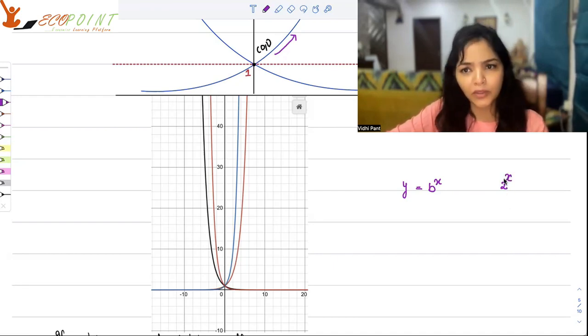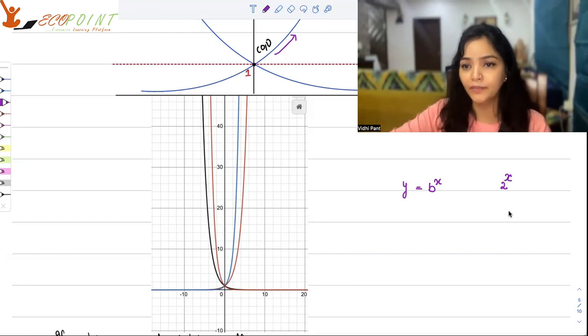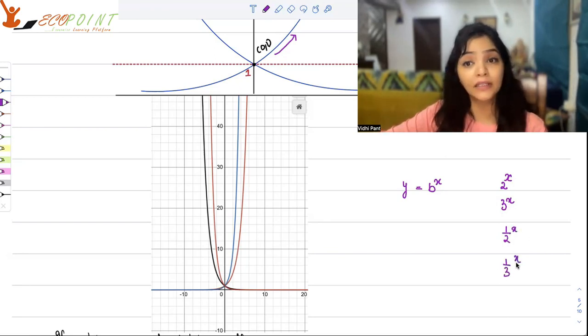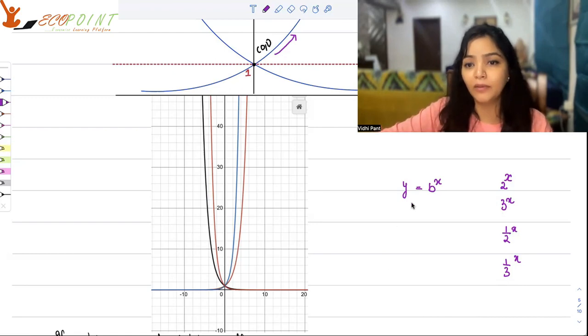This will be one particular function because with different values of x, I will be generating a graph of this. With 3 to the power x, I'll get another graph. With 1/2 to the power x, I'll get one graph. With 1/3 to the power x, I'll get another graph. So what are these? All these graphs are part of the family. Which family? The b to the power x family.